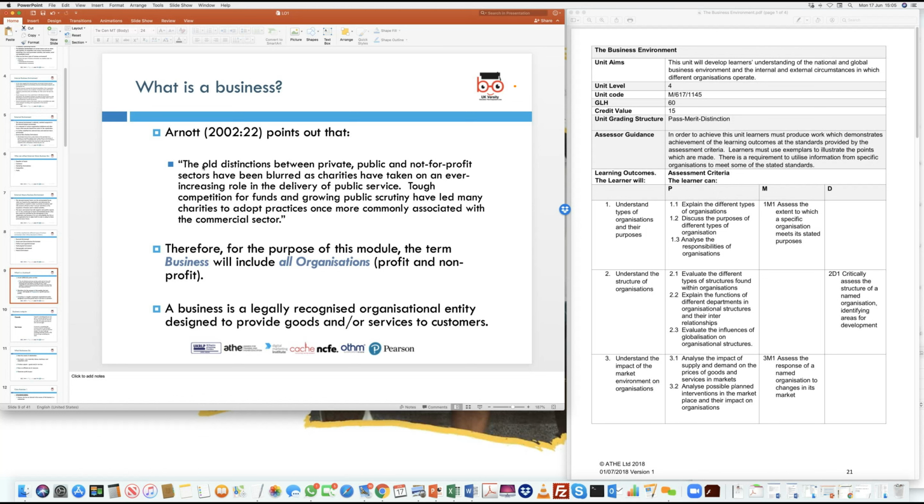An example is McDonald's, or KFC. They are all businesses. But why did they need to form a company? Because they have to sell their products and services to customers. What product do you get from McDonald's? What do you buy from McDonald's? Hamburger, that's correct.